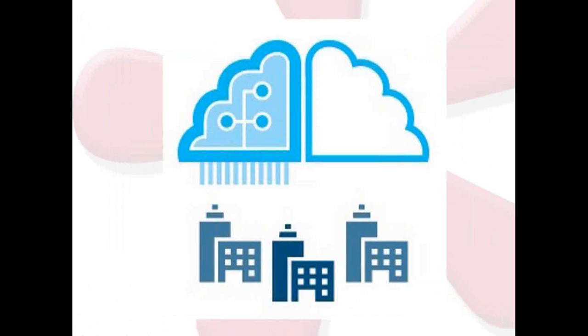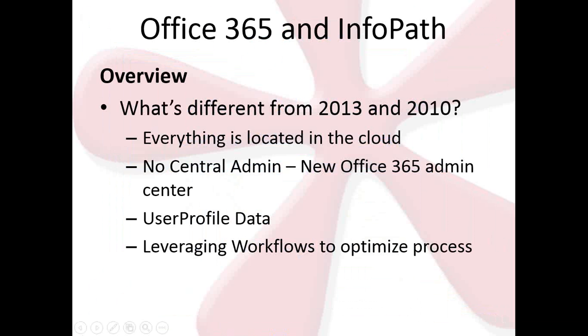And you may notice a few different items, differing environments from your maybe on-prem environment in 2010 or 2013 to the cloud. And that's really where I want to start today. So, an overview. The key features for successful forms and cloud settings in InfoPath Forms Services, and what those differences are from 2013 and 2010, which I'm sure some people are very familiar with.